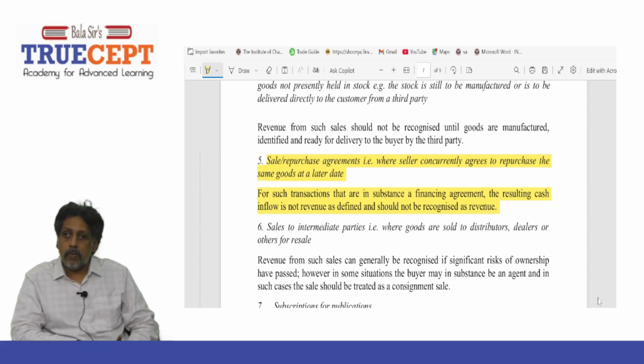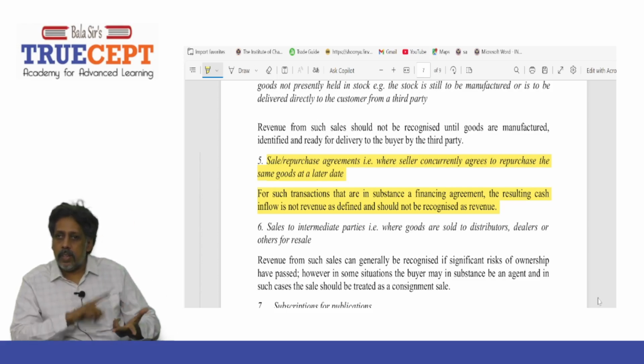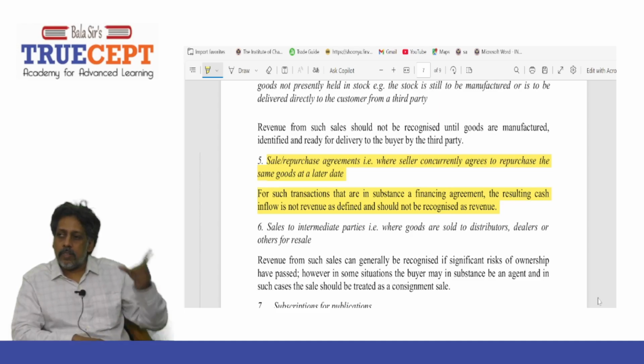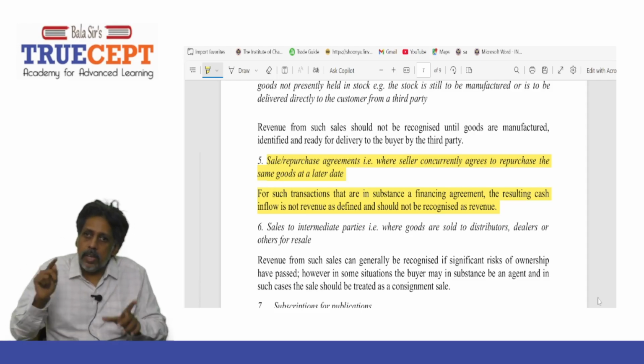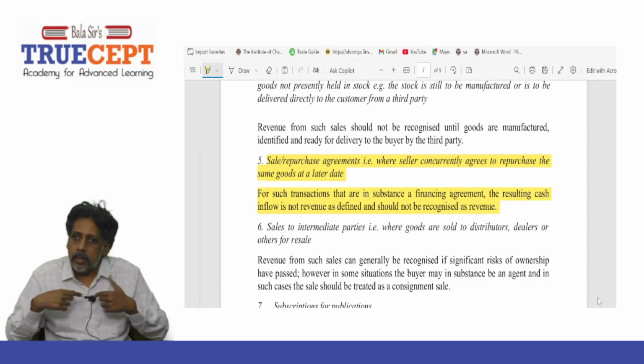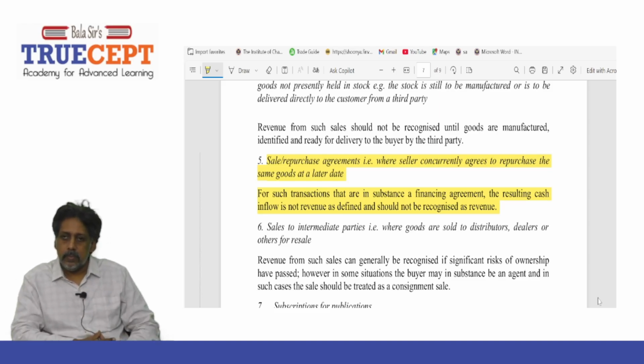Financing means, as if you borrowed 9,60,000 from Sun Limited and you want to repay rupees 10,80,000 after 6 months. That 10,80,000 includes the loan you borrowed plus interest and also any cost I am incurring to hold the goods, the holding cost. So the resulting cash inflow is not revenue as defined and should not be recognized as revenue.